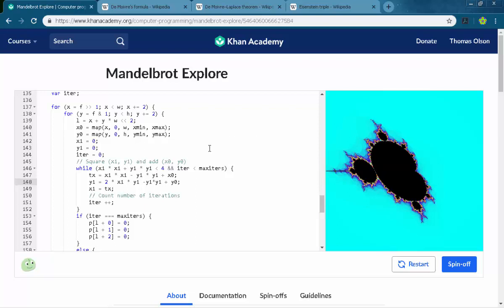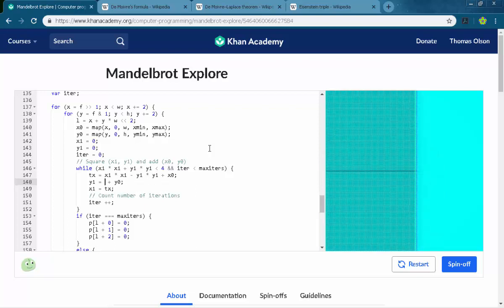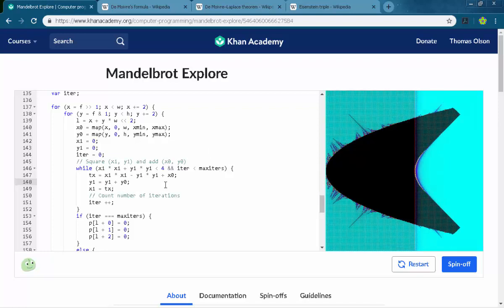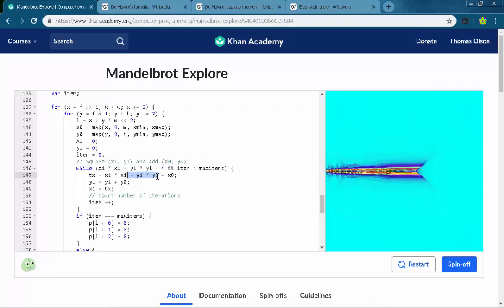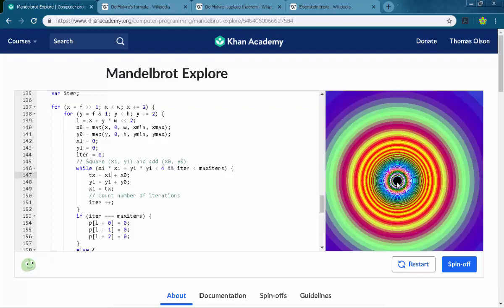But here's the thing, if I do this alone, X1, X1, I just get a plain circle right here, right? So I do have to manipulate the radius.